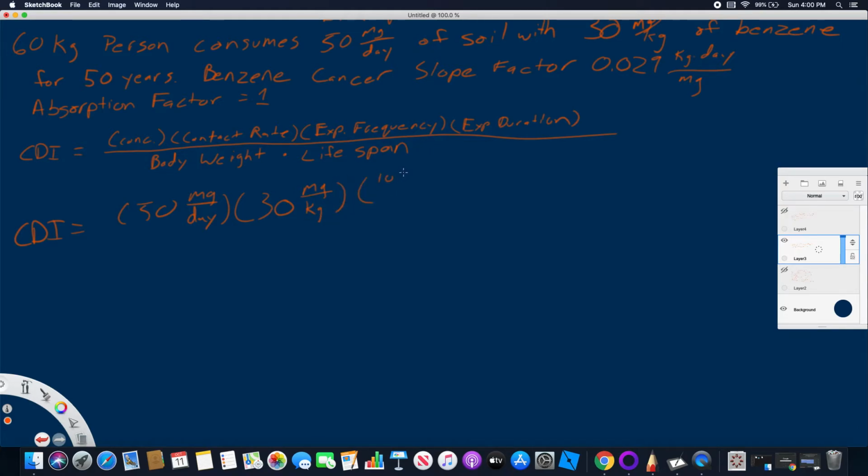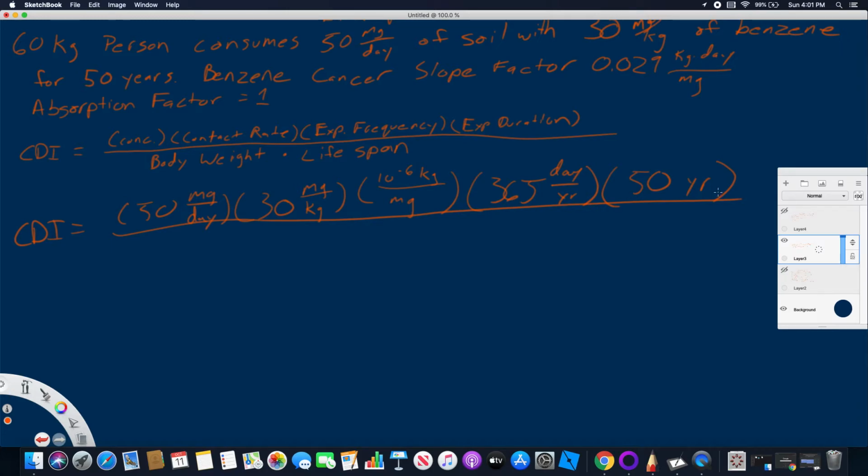We want to convert this from kilograms to milligrams for our body weight. We have 365 days per year of exposure, and 50 years of how long the person worked.